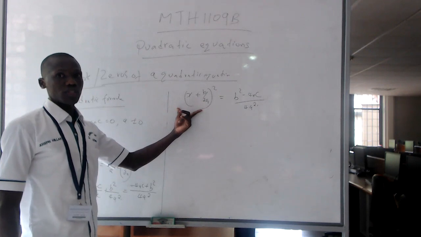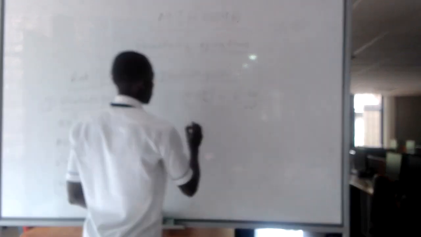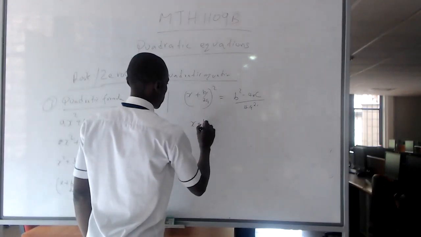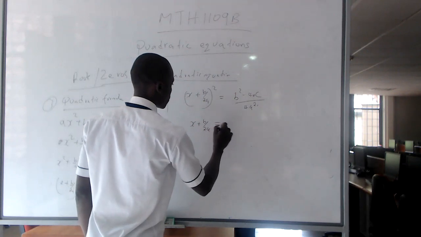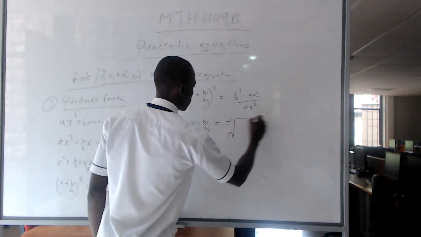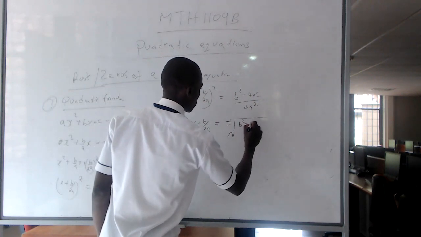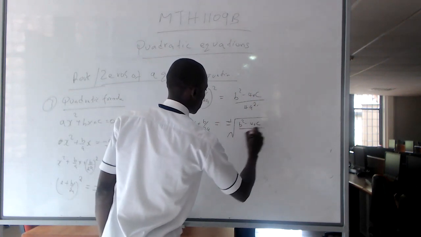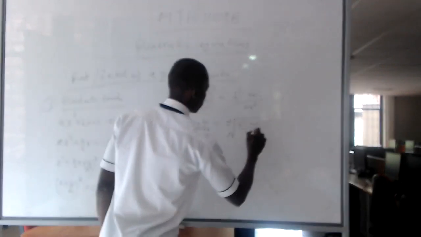So to solve, find the square root of both sides. The square root of the left hand side is x plus b divided by 2a. On the right hand side, we have plus or minus the square root of b squared minus 4ac divided by 4a squared.